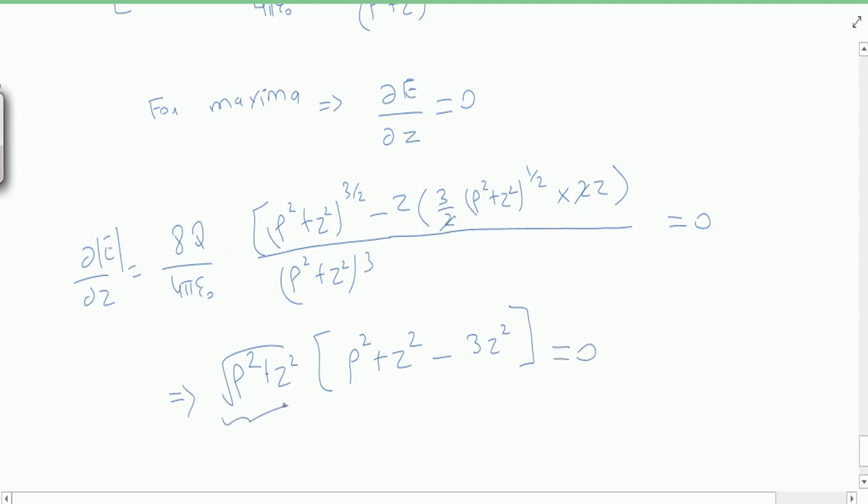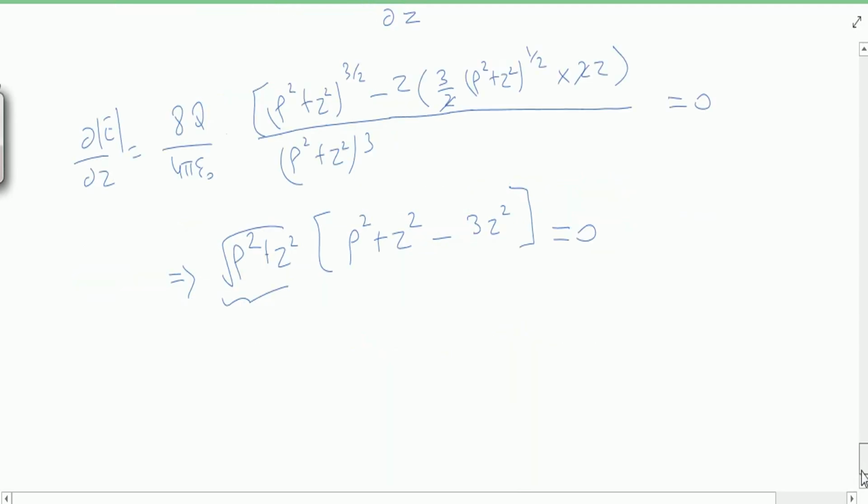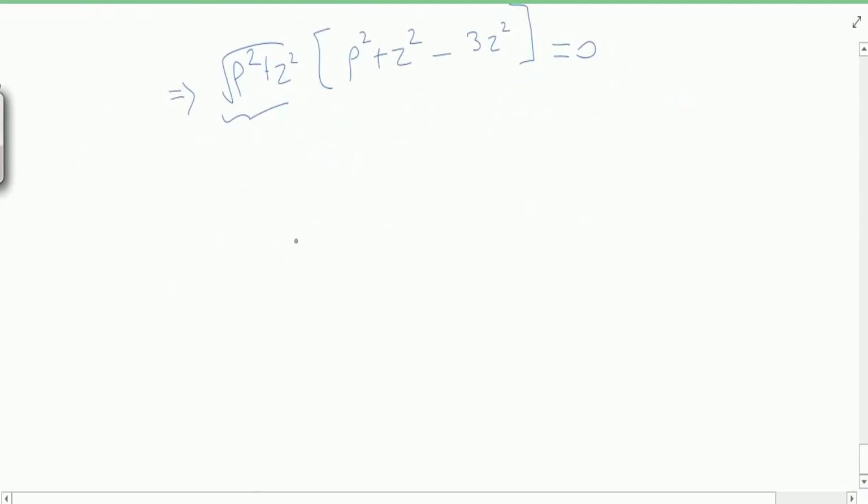Now you see this cannot be 0, so the only thing possible is rho square plus z square minus 3z square, which becomes rho square minus 2z square, equals 0.